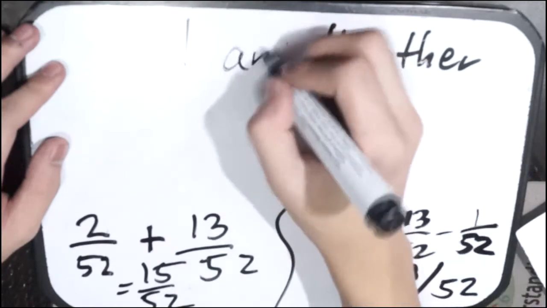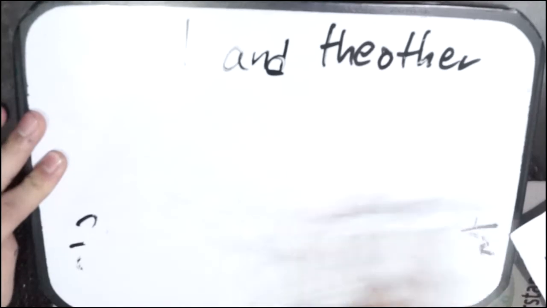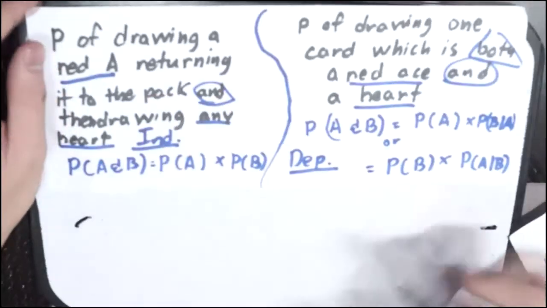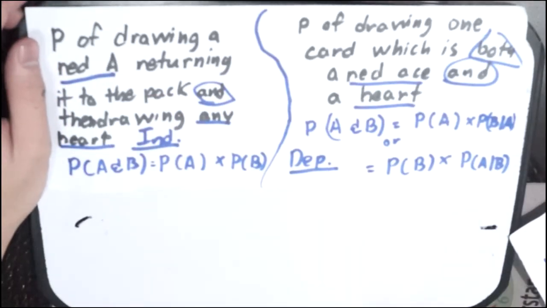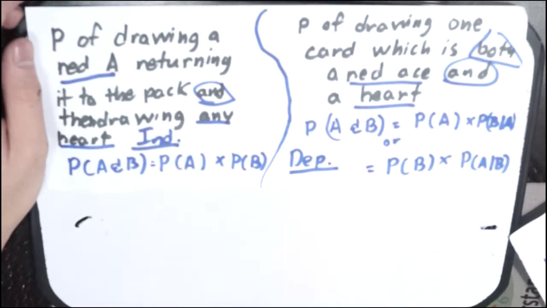One and the other. The probability of one and the other happening. What is the possibility of drawing a red ace, returning it to the pack, and then drawing any heart? So this is an independent event. Since you're returning the card to the deck, you can draw the same number of cards again, right?